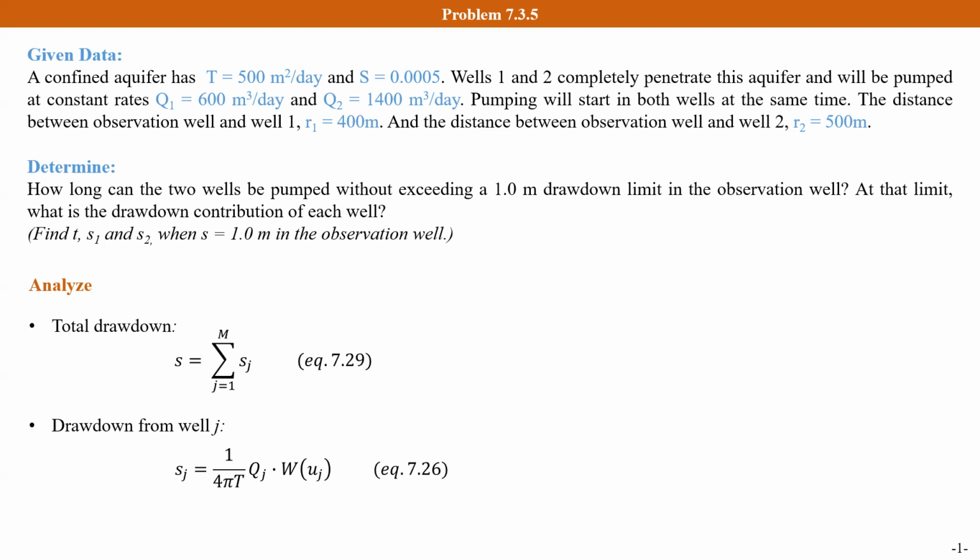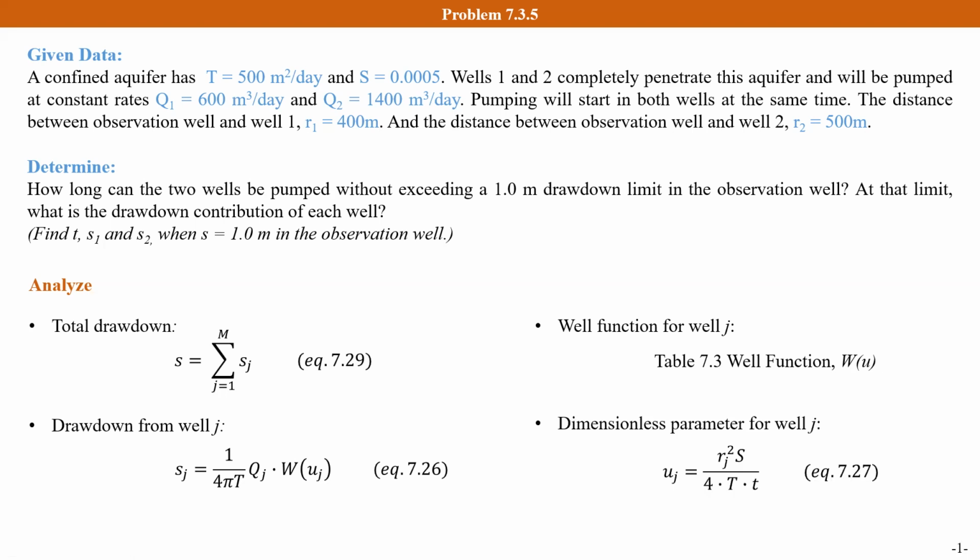Therefore, we need to apply table 7.3 to determine the value of the well function. The well function is related to the U here. U indicates the dimensionless parameter, and by applying equation 7.27, this parameter is related to the distance, the storage coefficient, the transmissivity, and the time.